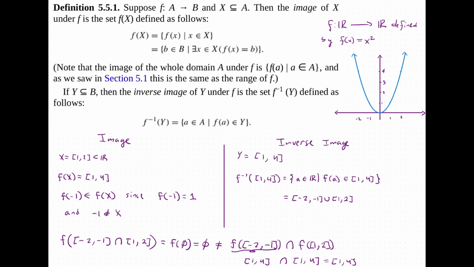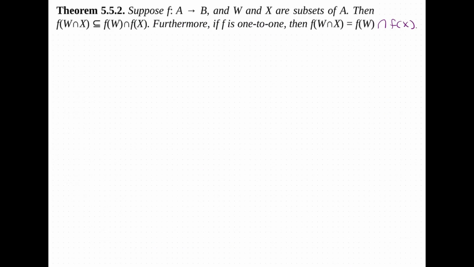But what ends up happening is if the function were one-to-one, we will actually have an equality. The fact that these are not equal is a consequence of x squared not being a one-to-one function. That's what the following theorem tells us.